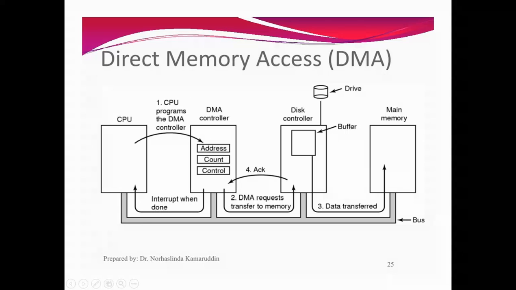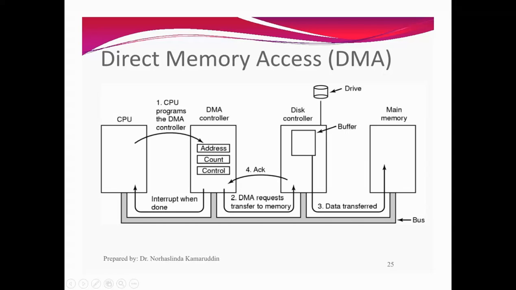Because this is a hard disk, the hard disk drive requires a request to transfer to memory. So the DMA request will request to transfer data into the memory. Then the disk controller will send the data from the hard disk into the memory.